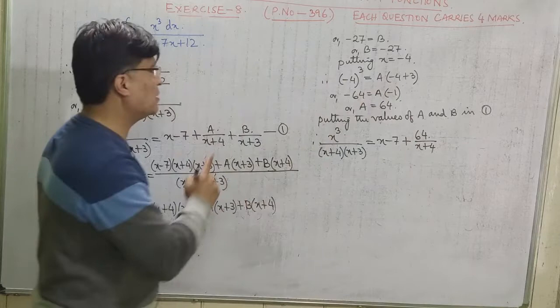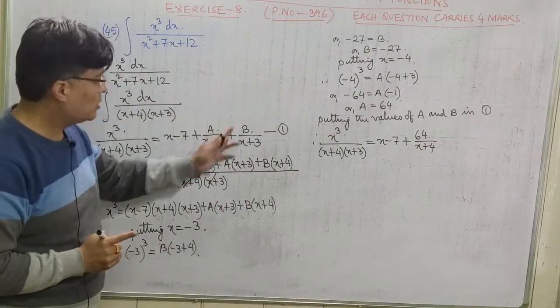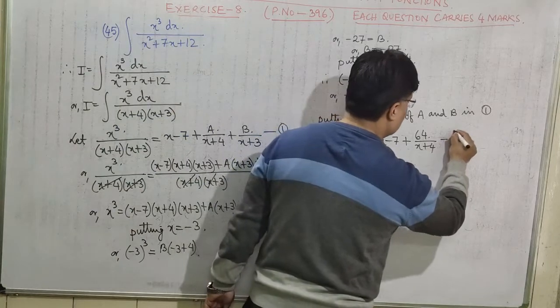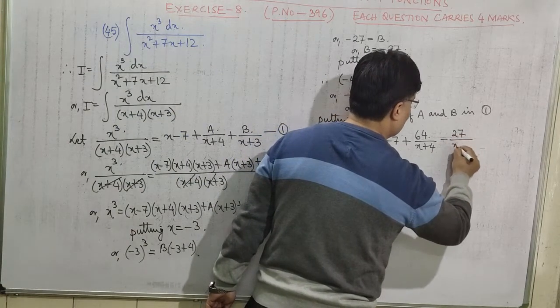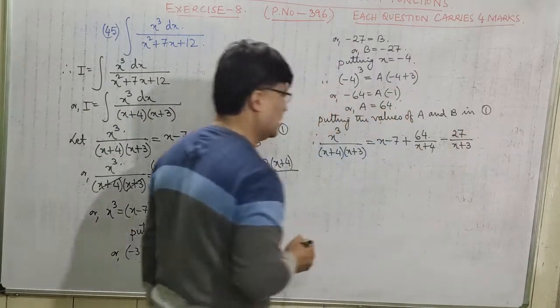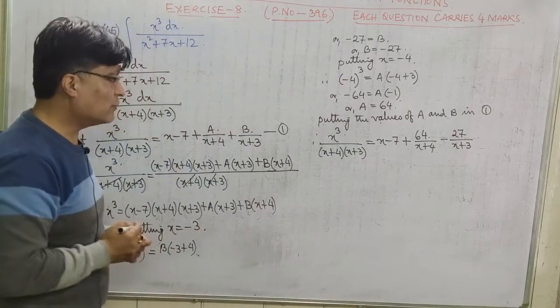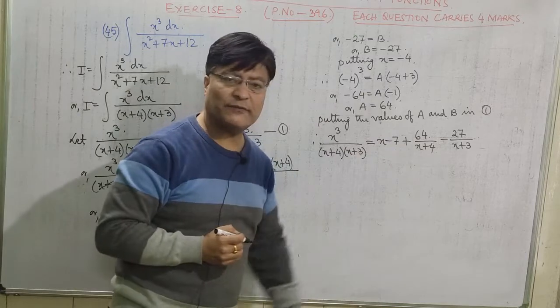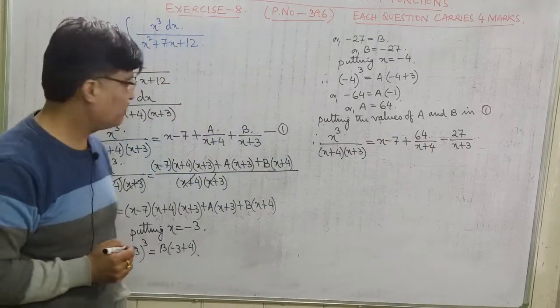Then what is the value for capital B? It is minus 27, so this plus into minus is minus. So let us write minus 27 upon x plus 3. So we have converted this fraction in terms of partial fractions.